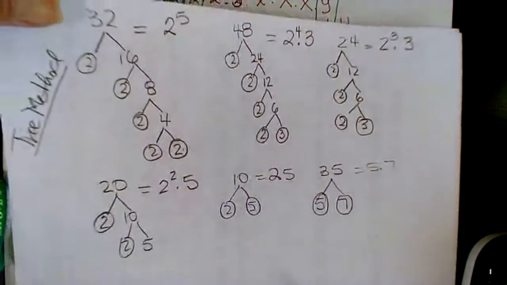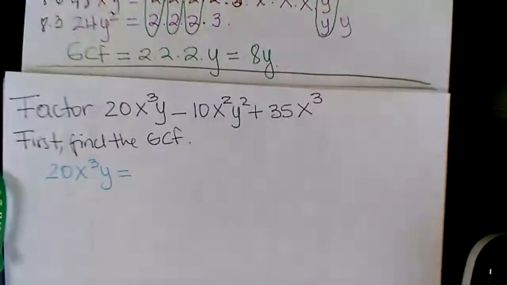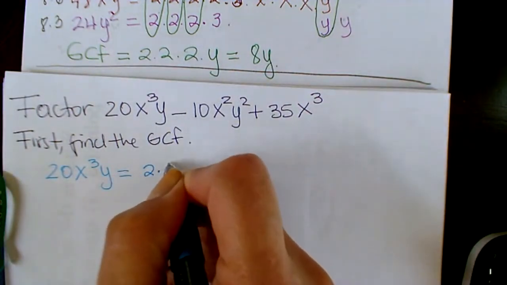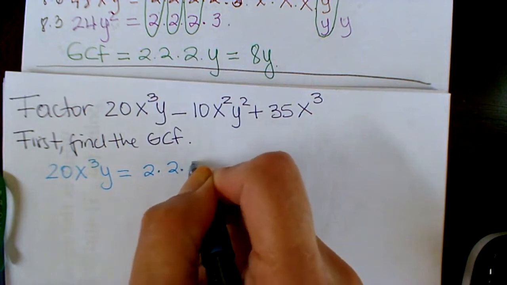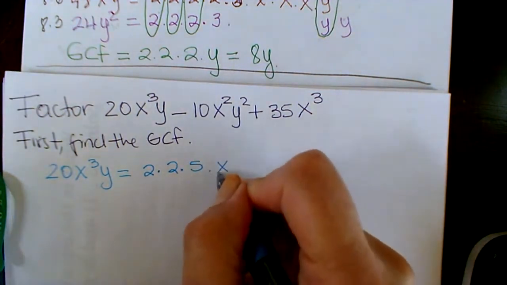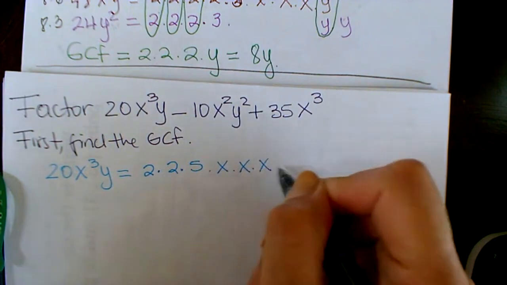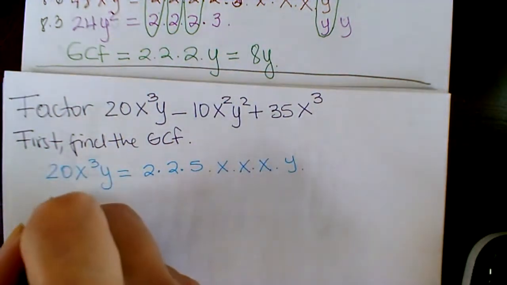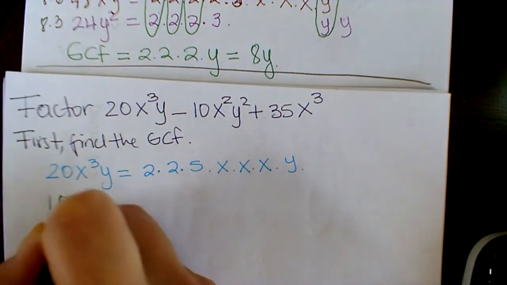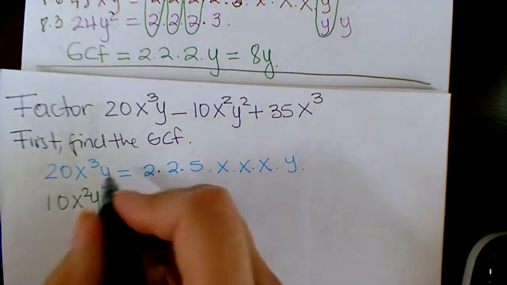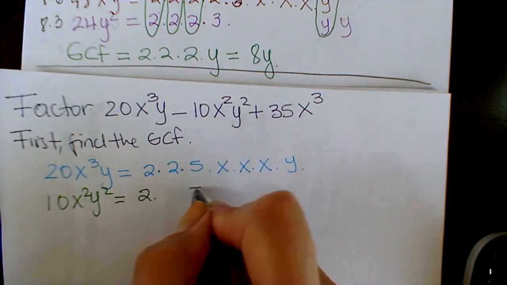Now that I have this, let's go back here. And this one is going to be 2 times 2 times 5. Okay? And I have 1, 2, 3 x's and 1 y. And let's do the 10. The 10 is going to be 2 times 5.